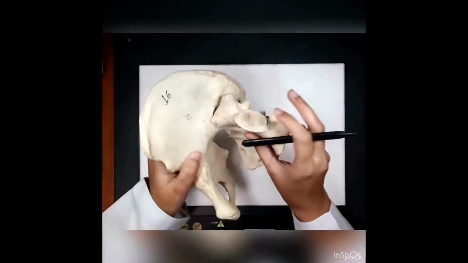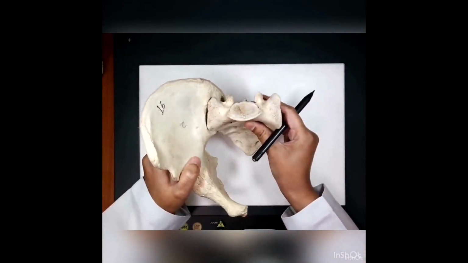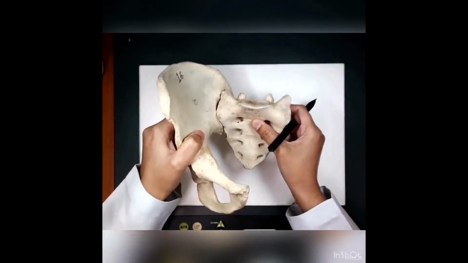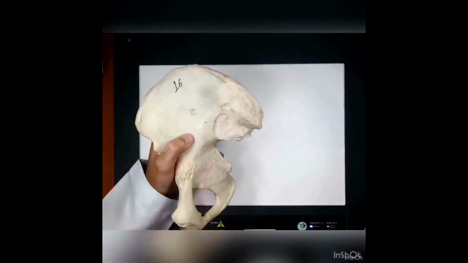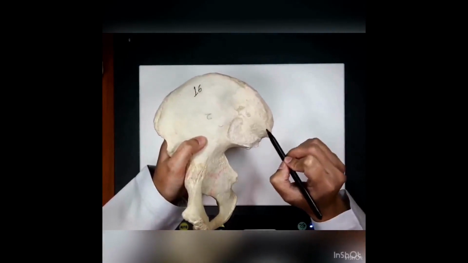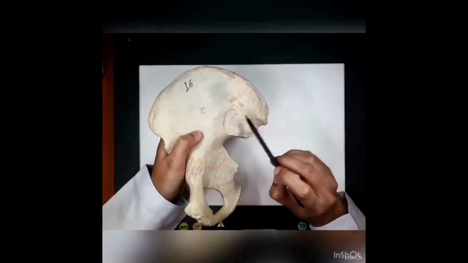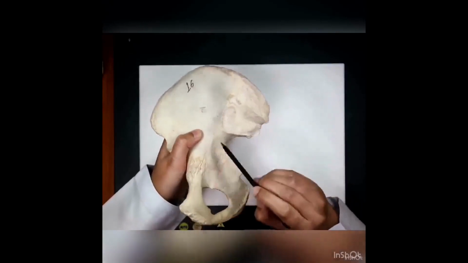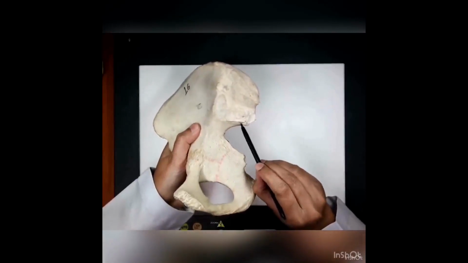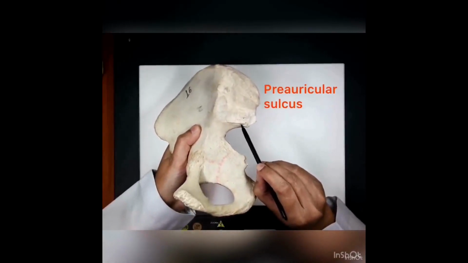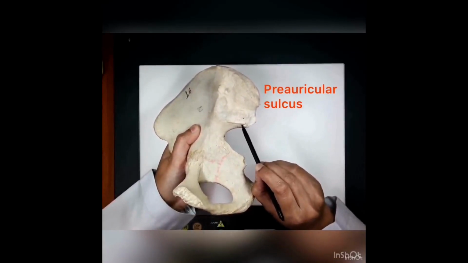It articulates with the sacrum to form the sacroiliac joint, which is a plane synovial joint. And this iliac tuberosity is roughened because of the attachment of the ligaments. So sacropelvic surface has three parts: iliac tuberosity, auricular surface which is articular, and a pelvic surface. Here, can you appreciate below this articular surface? Here there is a groove. This groove is known as preauricular sulcus.